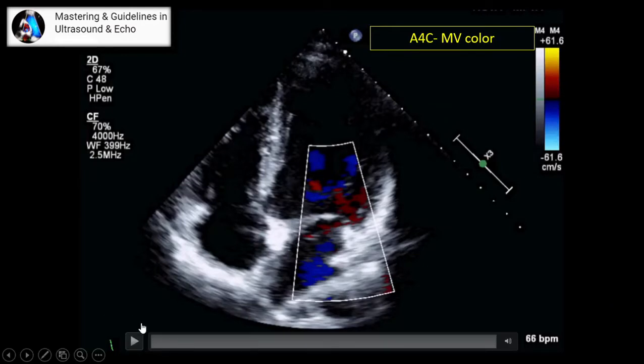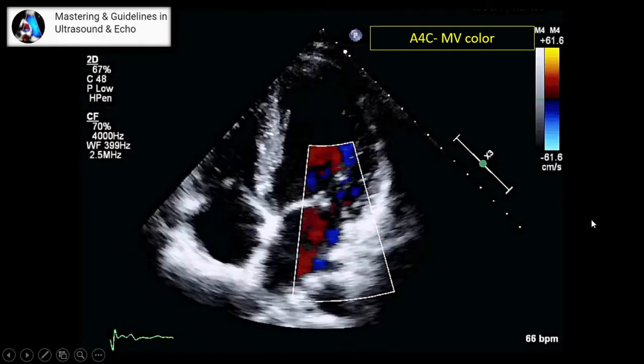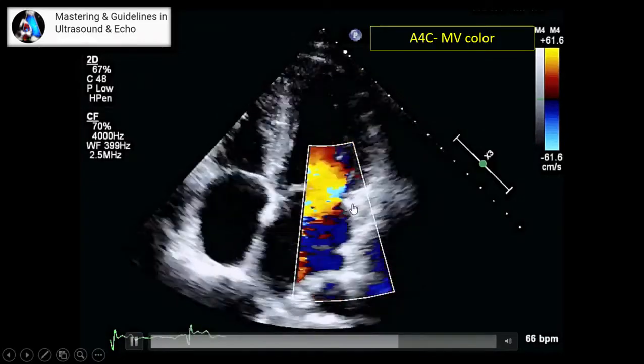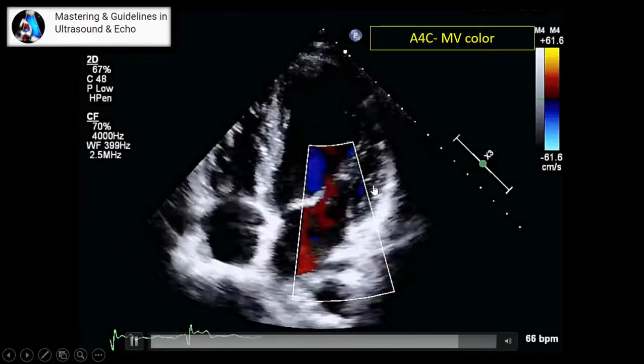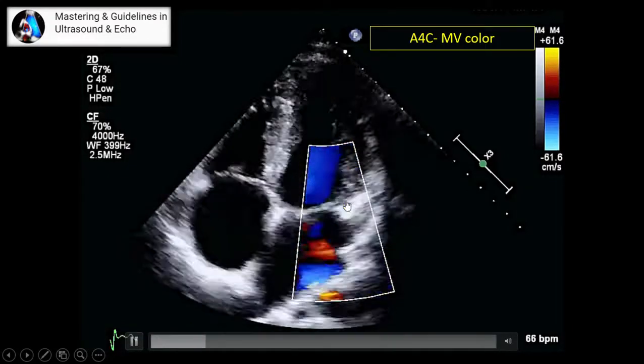After we get it and fix the apical 4-chamber, we go for the color on the mitral valve leaflet. As a general rule, again, we put the color box exactly at the level of the area of interest.